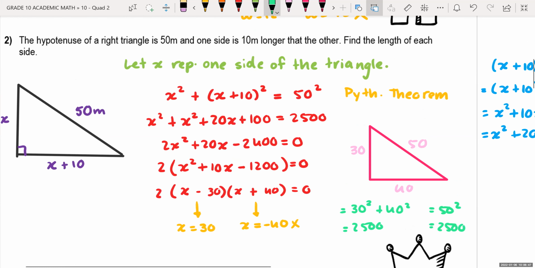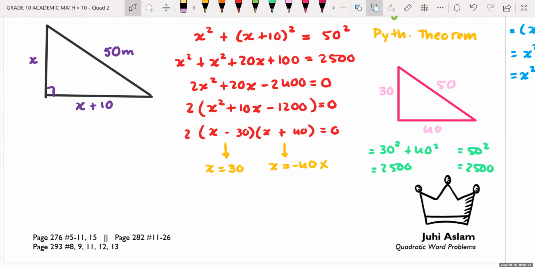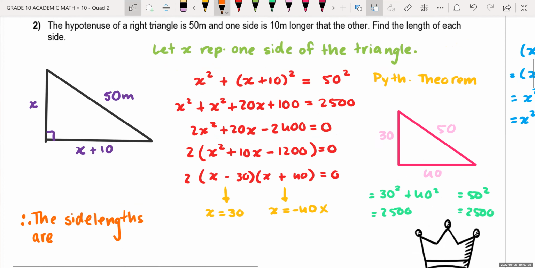What's the question asking? It says find the length of each side. Okay, so for our very final answer, therefore, the side lengths are, we probably want to bring our units back, so they're in meters.